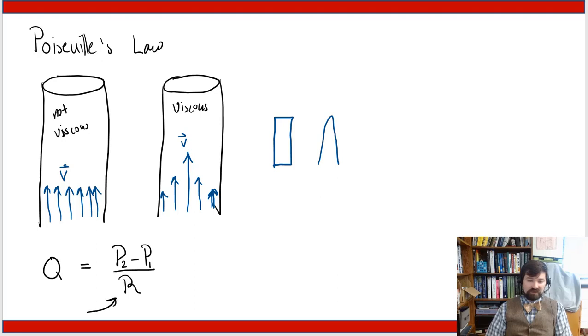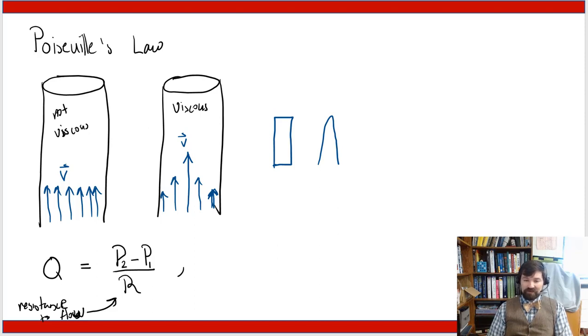So we'll call this resistance to flow. And again, that's a property of both the vessel, the tube, hose, pipe, whatever, and the fluid itself.